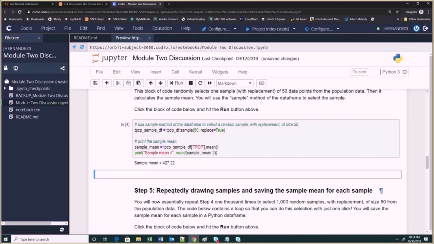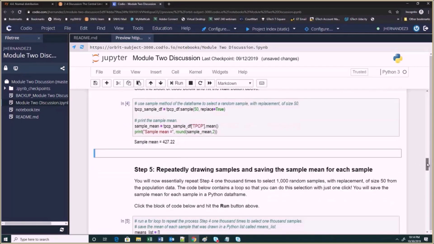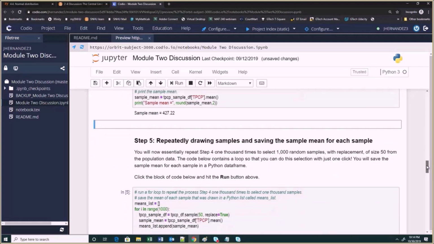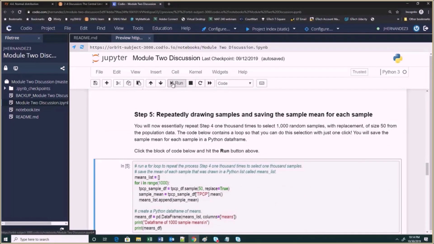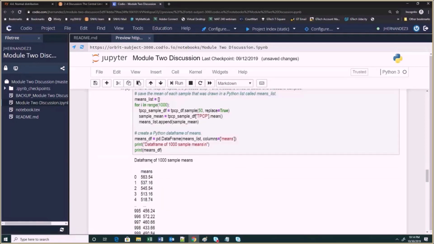Again, repeatedly drawing samples and saving the sample mean for each sample. We're going to repeat the previous step 1,000 times, and each time we will save the sample mean, so we will have 1,000 sample means at the end. So here's the data frame of 1,000 sample means. Each time it generates a sample, it calculates the mean. So these are the different means.